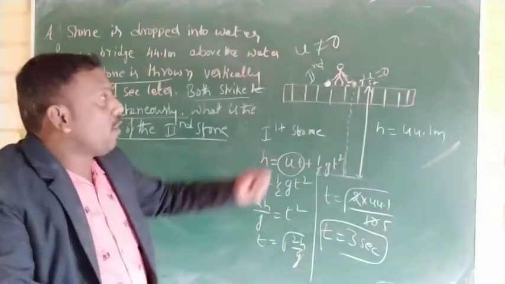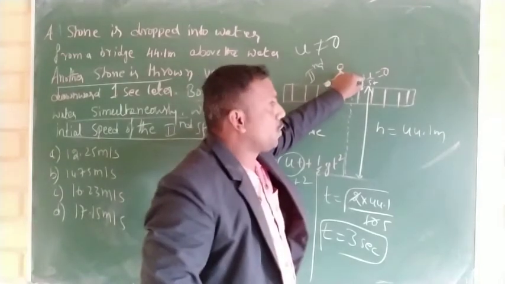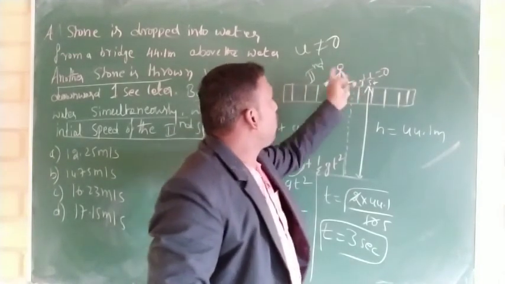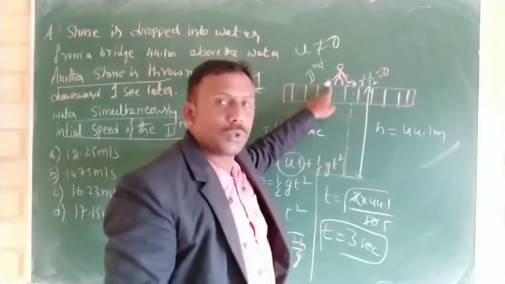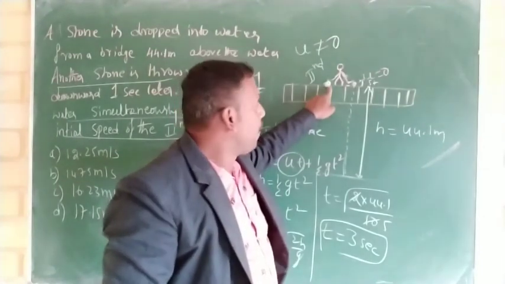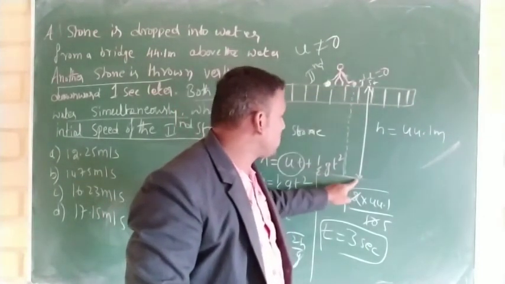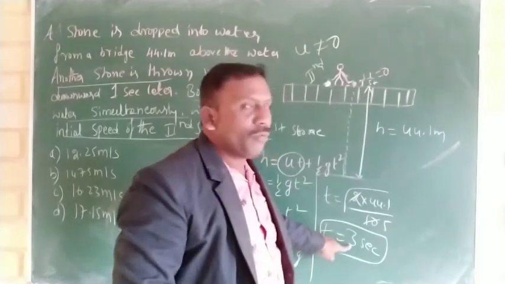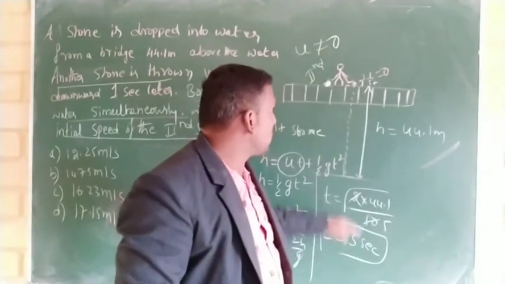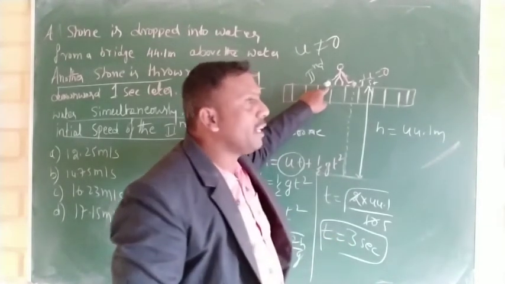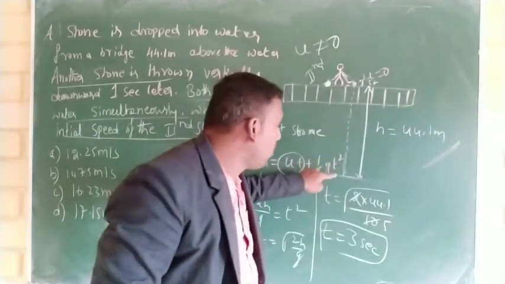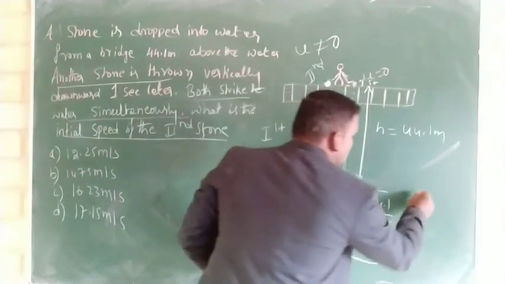After 1 second, when we drop the first stone, the second stone is thrown vertically downwards. The time taken by the first stone to reach the water level is 3 seconds, but the time taken by the second stone to reach the water level is 2 seconds.